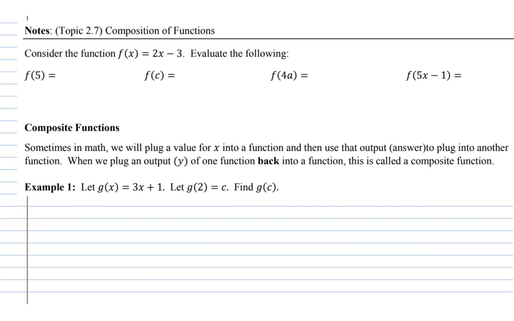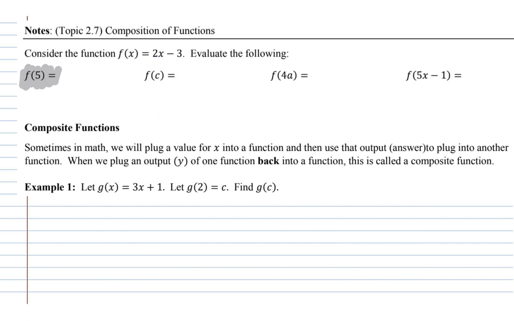So the first problem that I'm going to do is this one. Basically, evaluate means substitute in. So they're telling us to evaluate with 5. That means your f function is right here. It's 2x minus 3. Wherever you see an x, because this 5 is your x, you're going to substitute it in there.